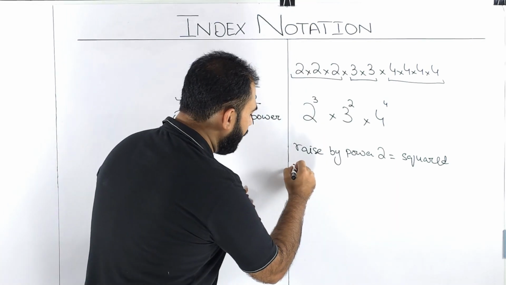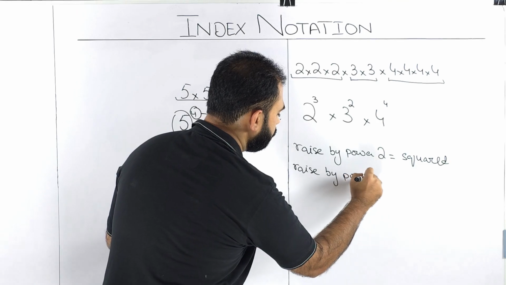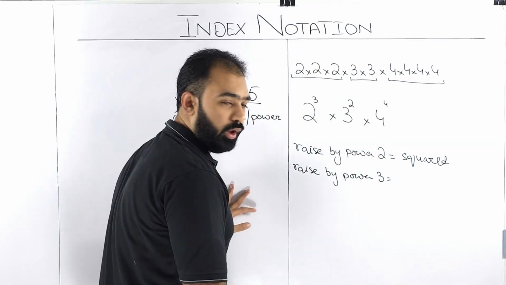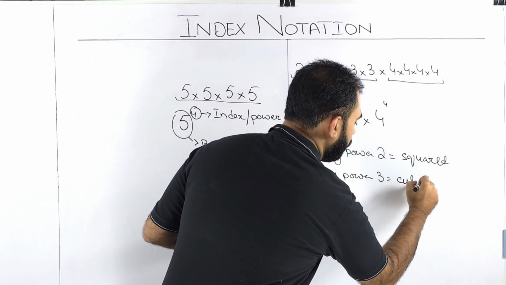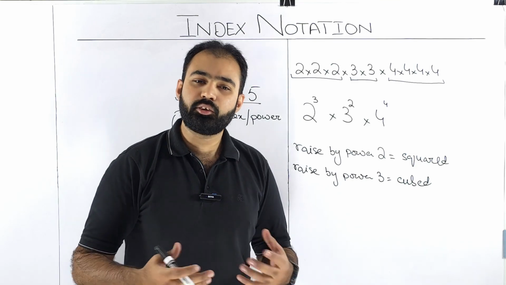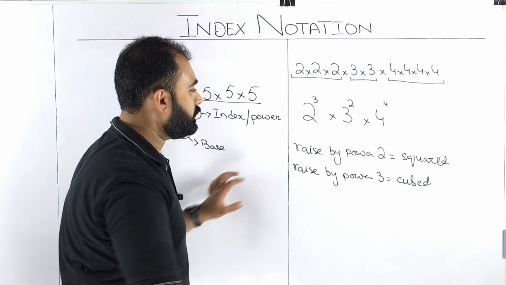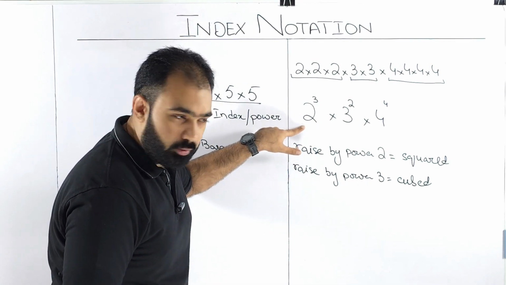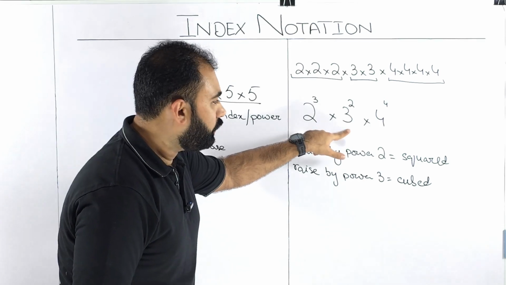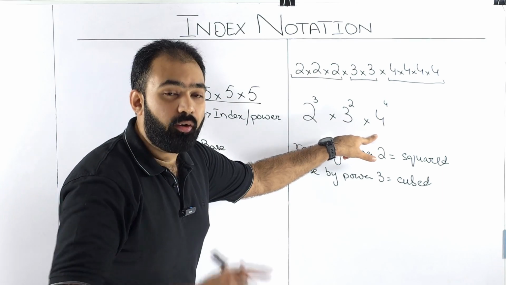And whenever we raise something by power 3, we call it cubed, or more commonly simply cube. In this case, I'll read it as 2 cube multiplied with 3 square multiplied with 4 raised to the power 4.